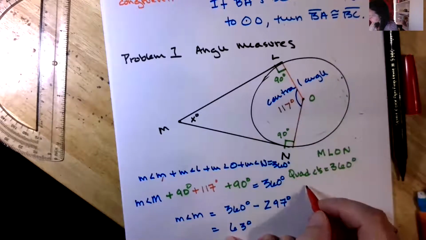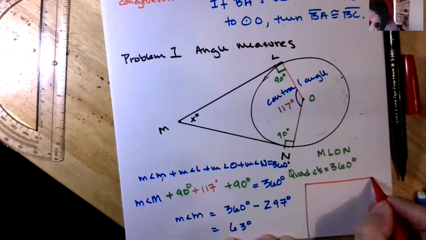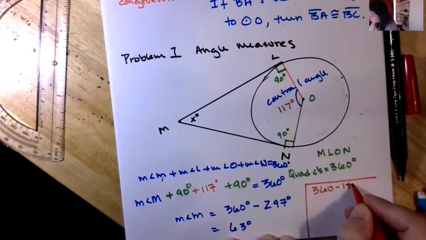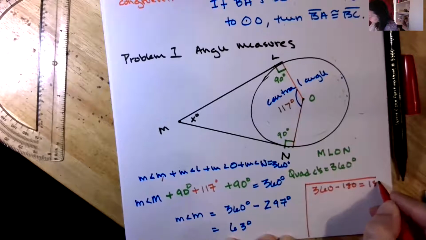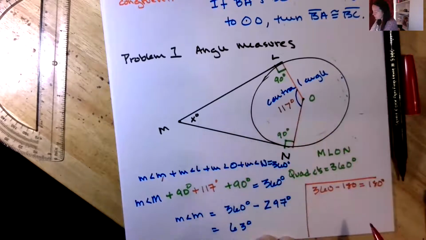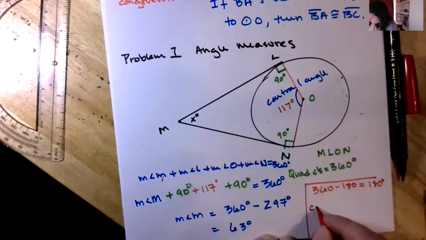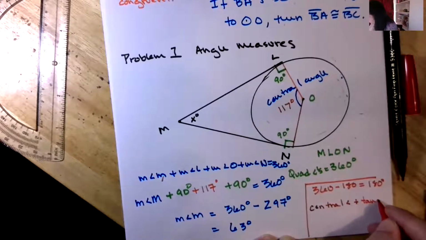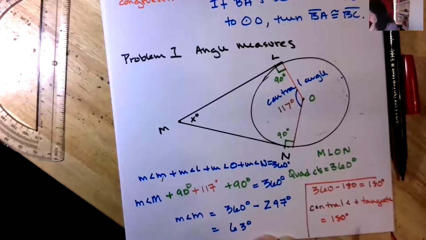So because they always add up to 180, 360 minus 180 leaves 180 degrees for both of these two angles. So we can say that the central angle plus the tangent angle has to be equal to 180 degrees.